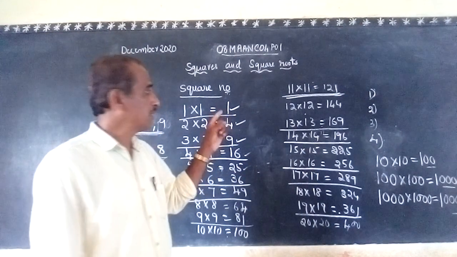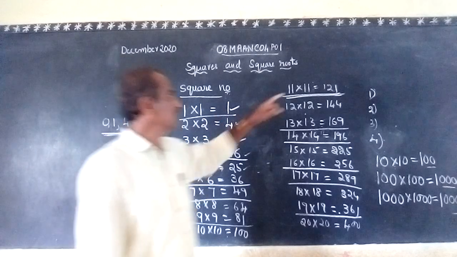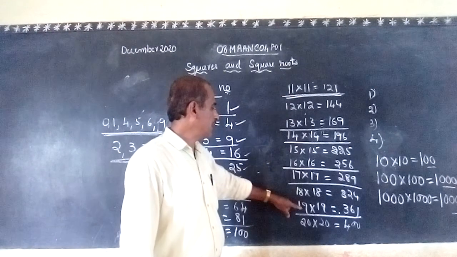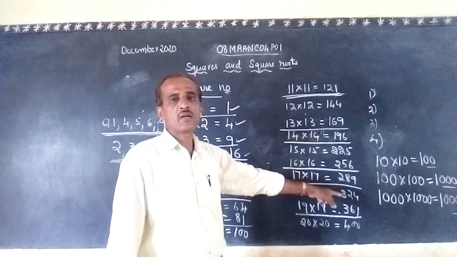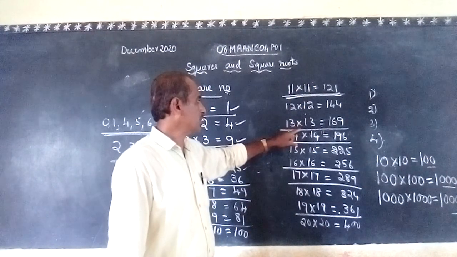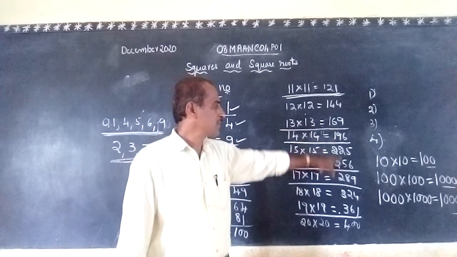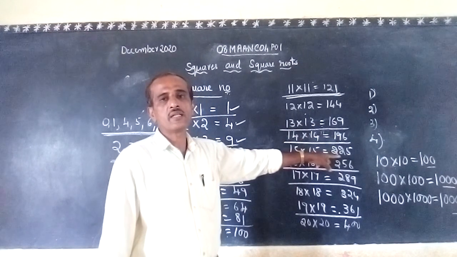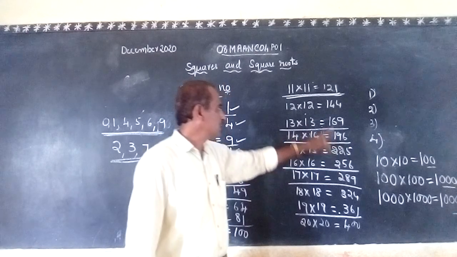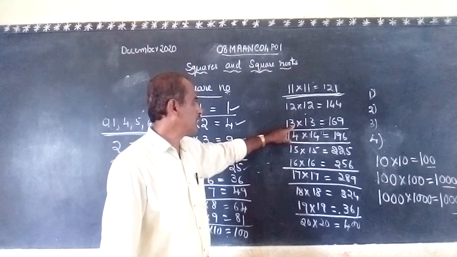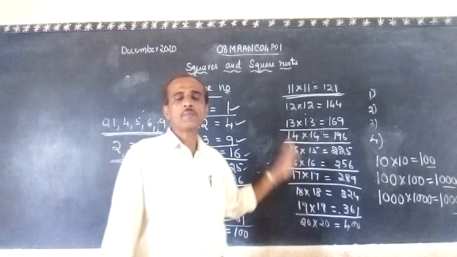Some of the properties of square numbers: a number which ends with 1 or 9, its perfect square always ends with 1 in the unit place. If a number has 4 or 6 in the unit place, then its perfect square ends with 6 only in the unit place. If a perfect square has 9 in the unit place, then it may be a perfect square of a number having 3 or 7 in the unit place. So these are some of the properties.